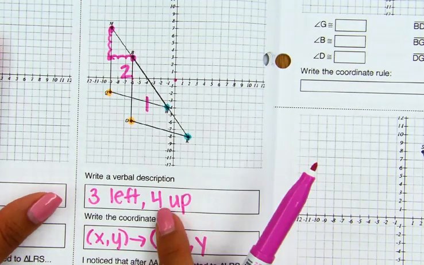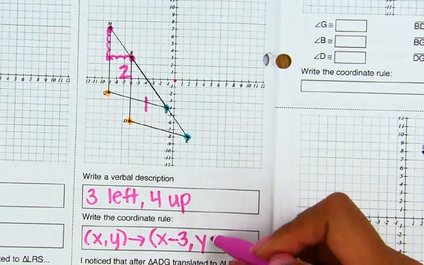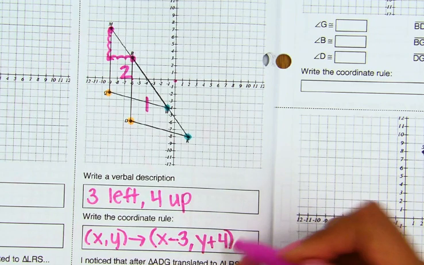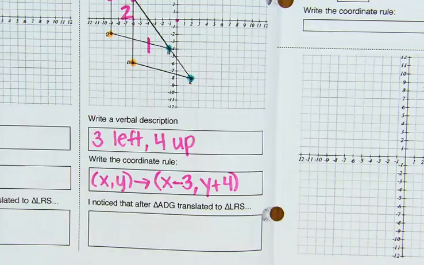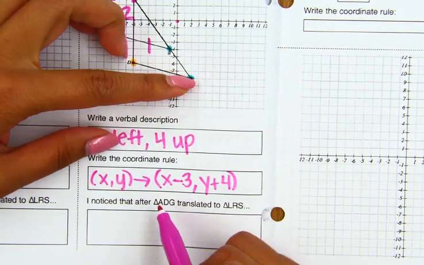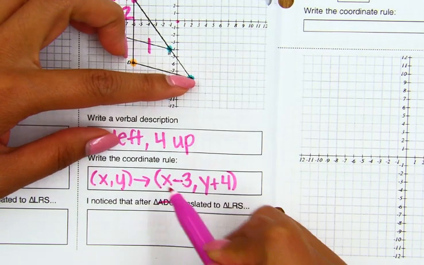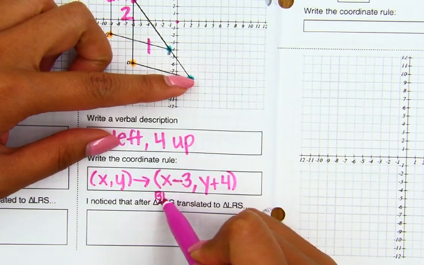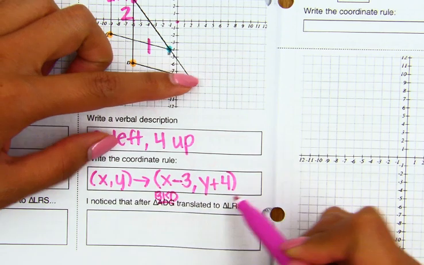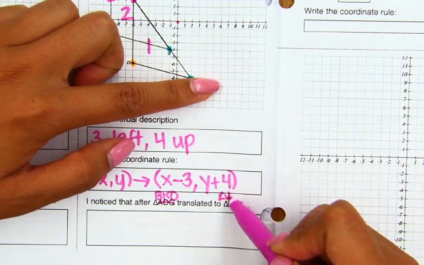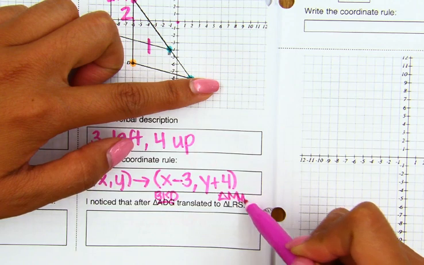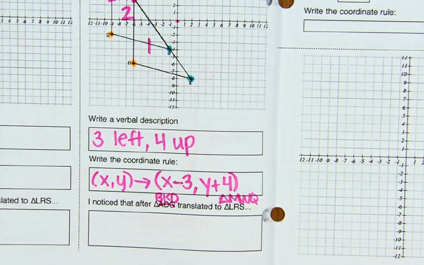Because it was 4 up, I will put +4. Now taking a close look, there is a typo. It does say ADG. It should actually read BKD, translated to triangle MWQ. So if you can fix that in your notes, that would be great.